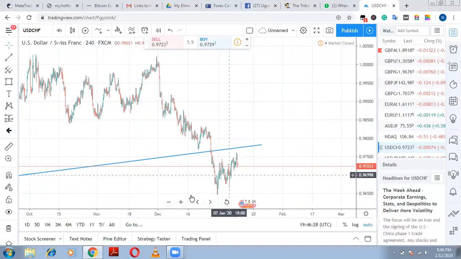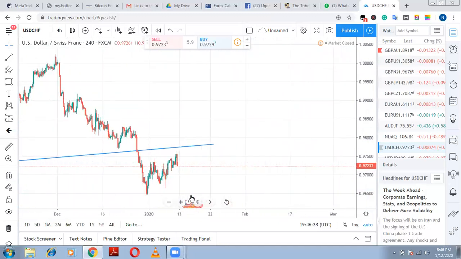Now, back here on the 4-hour time frame, we can see something happening. The dominant trend also on the 4-hour time frame is what? A sell, just like the monthly time frame. But we can see something happening here.